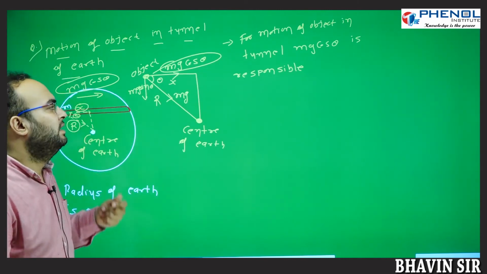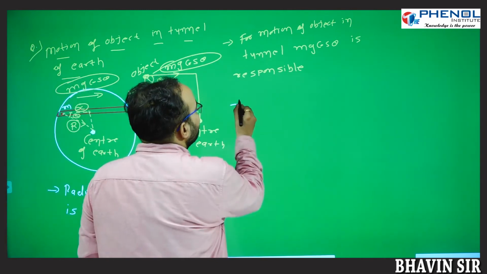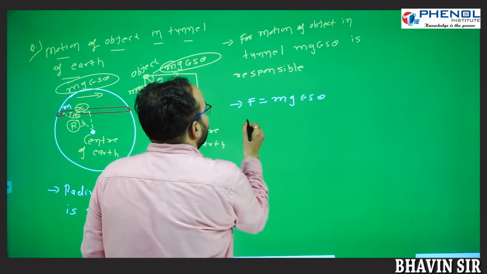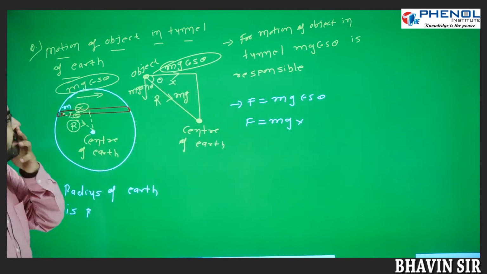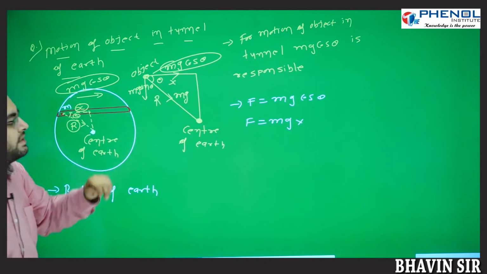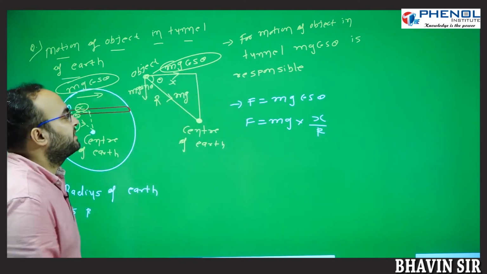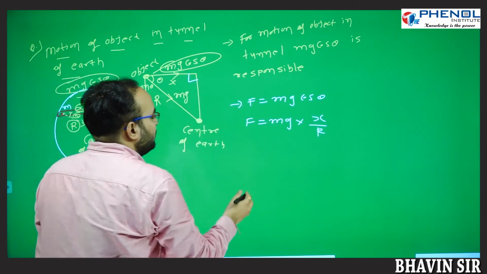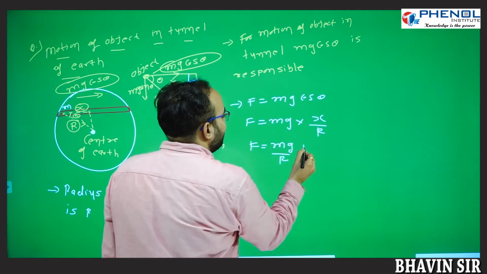Now, what is the required force, students? mg cos theta. Now what is cos theta? Adjacent by hypotenuse. So x is the adjacent side and r is the hypotenuse. So the force is mg x by r.